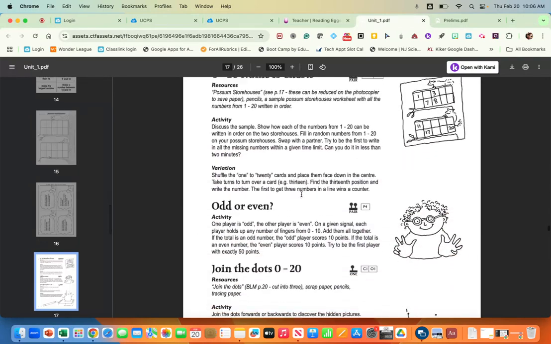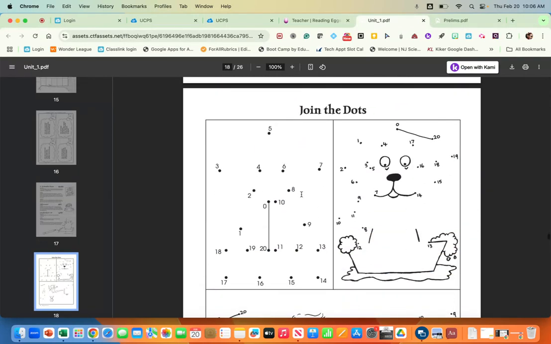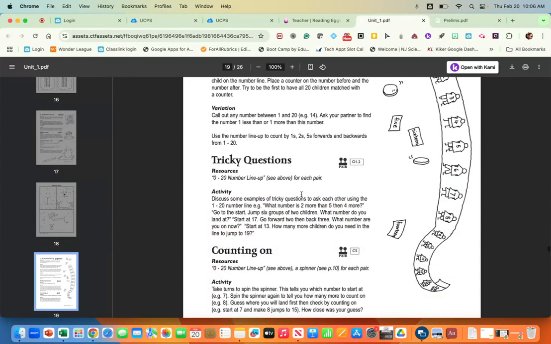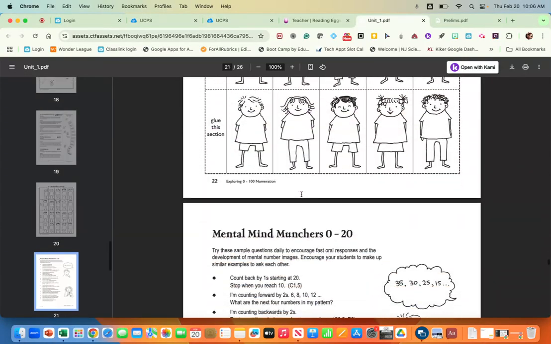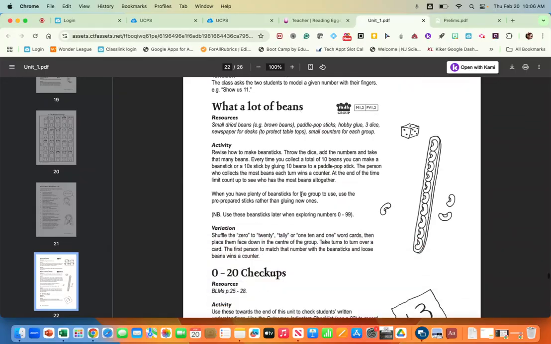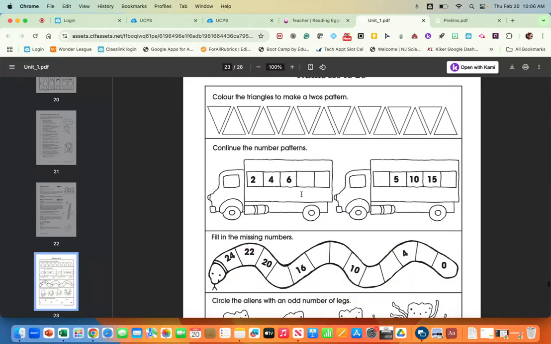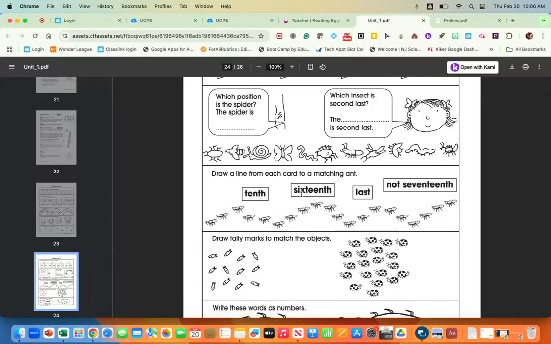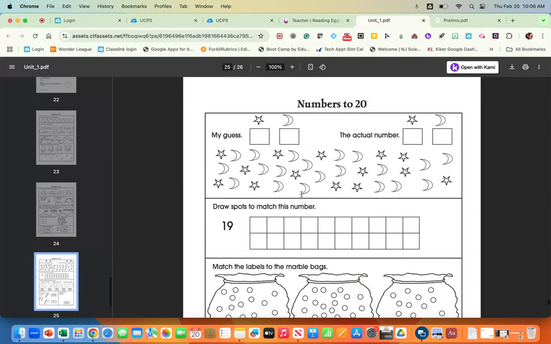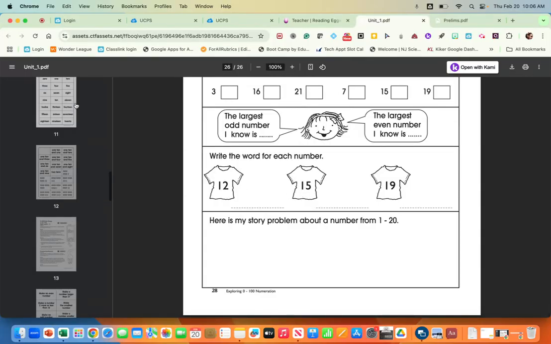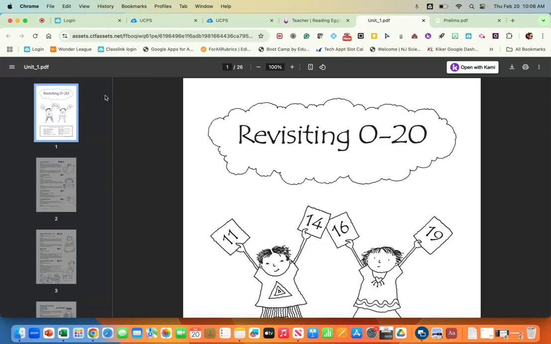This is one place within the Teacher Toolkit that you can use with your students. Coming down towards the end are all of the student worksheets, and this is all around that particular topic, which is revisiting 0 to 20.